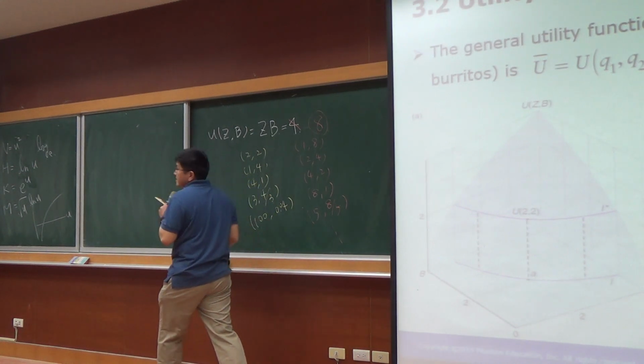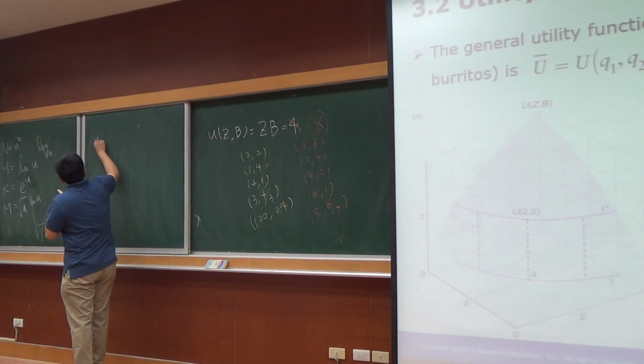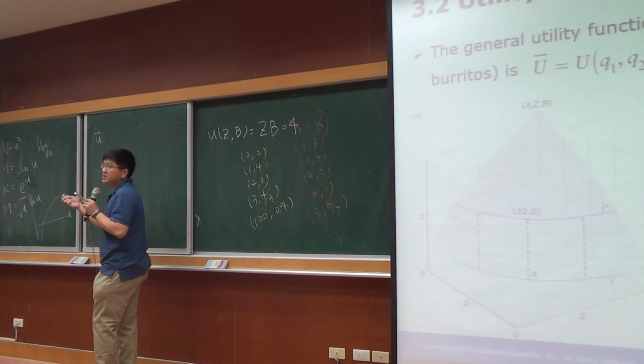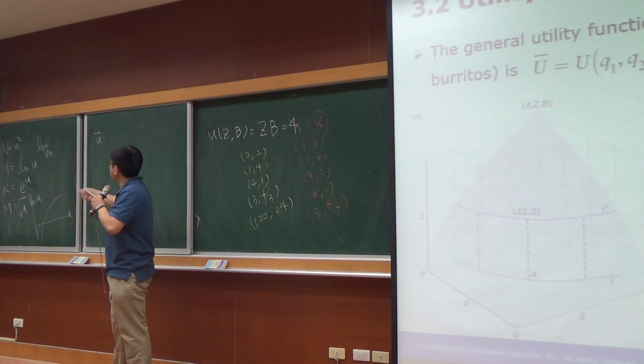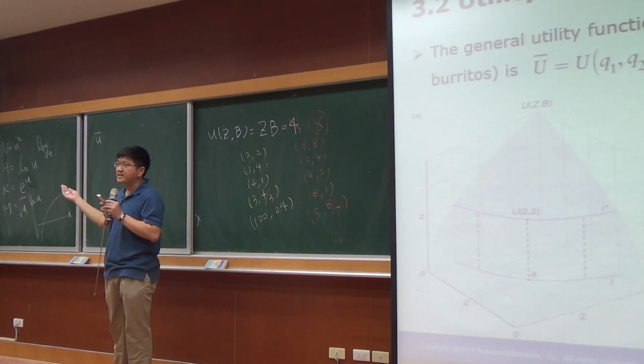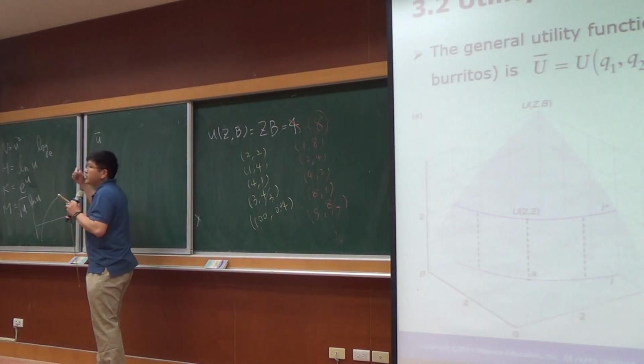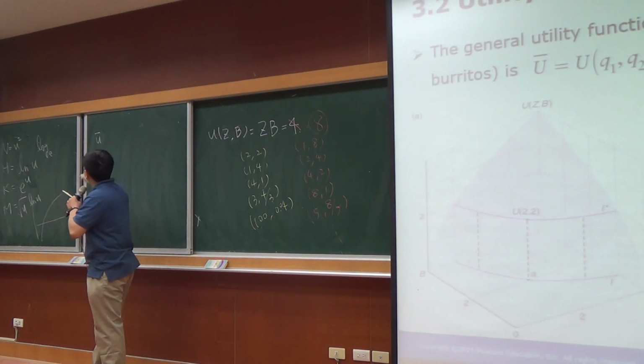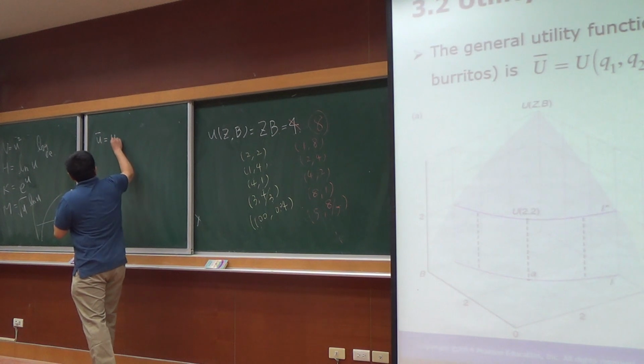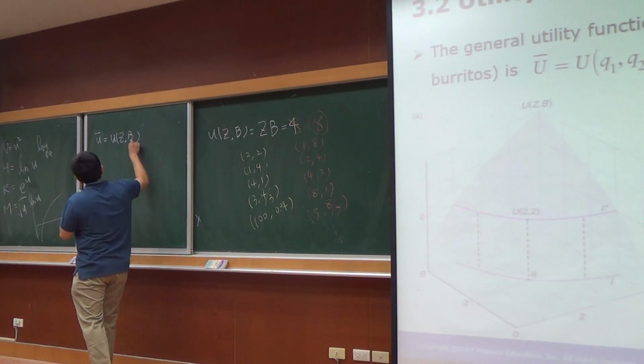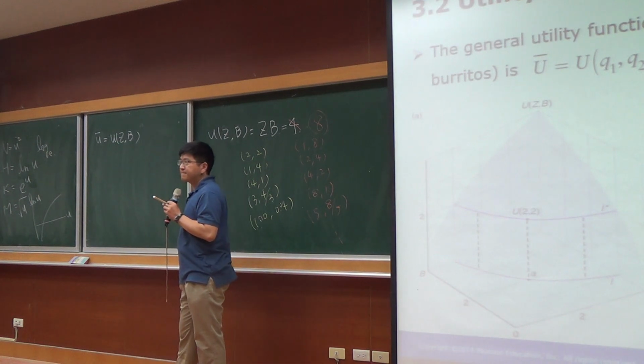So if I say, okay, U bar is a specific number. It can be 4, can be 8, can be anything. But it's just a constant, is a number. U bar equals U of pizza and burrito. Okay?